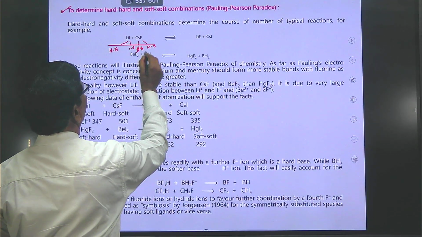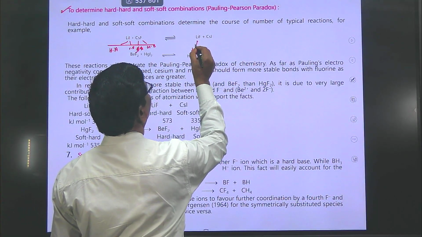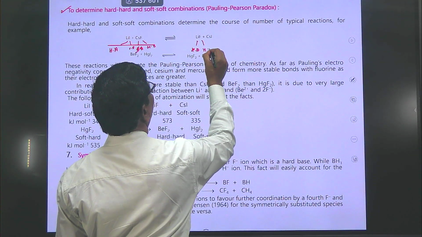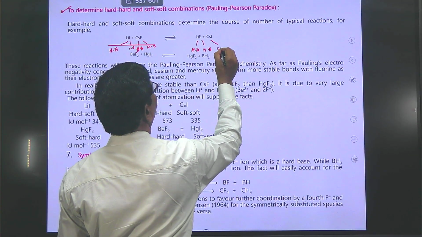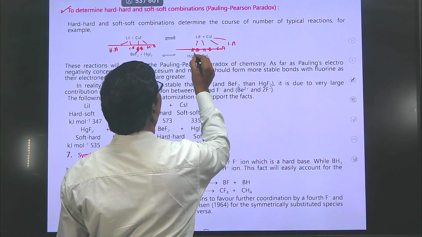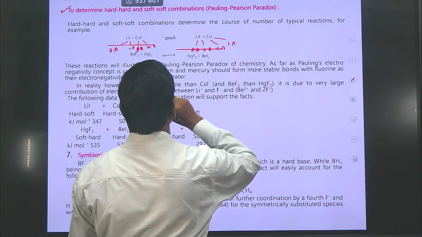Hard, soft, hard. Here lithium is the hard acid, chlorine is the hard base and cesium is the soft acid, iodine is the soft base. Here a hard combination is there, here a soft combination is there.